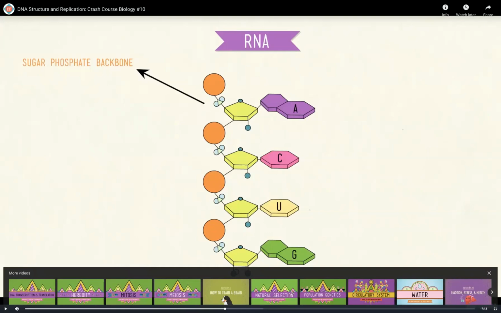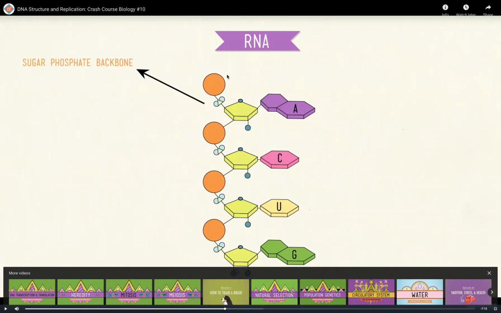Now, if DNA is the blueprint of who you are, RNA is kind of like a foreman or a messenger that brings the DNA code out of the nucleus and into the hands of the ribosome. And if you recall last week, the function of the ribosome was to make proteins. And the only way you could do that is if you had the proper code.